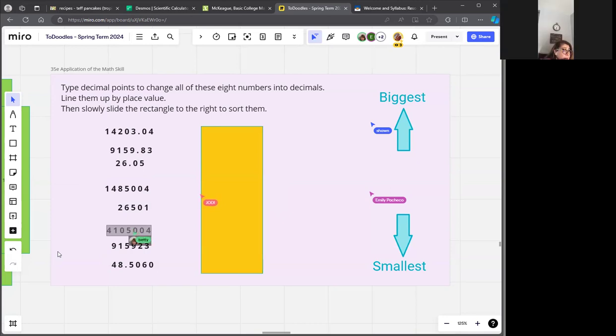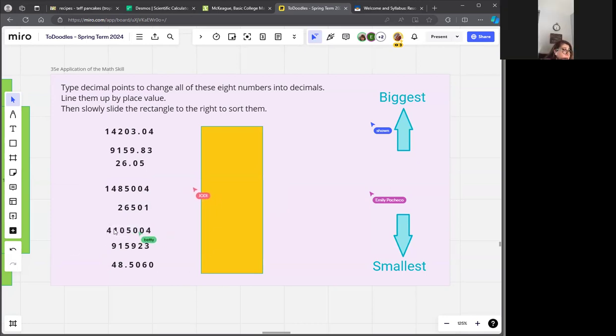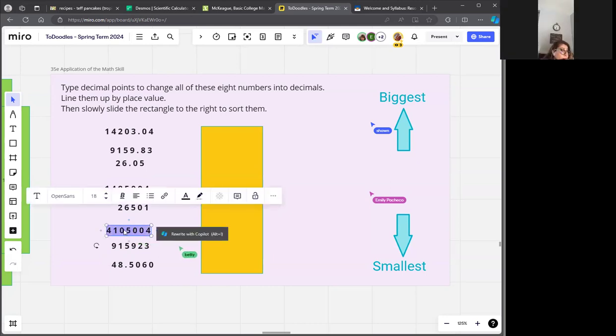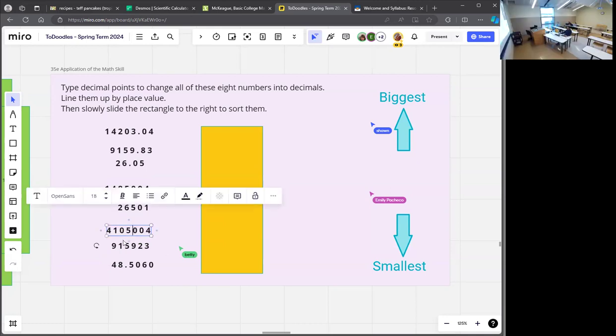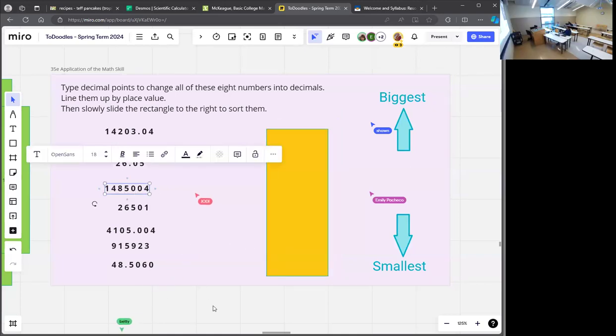Well, mine is not working. Then tell me, where do you want the decimal point? And I'll put it there. Between the 5 and 0. Okay, thank you. I'll do this one.